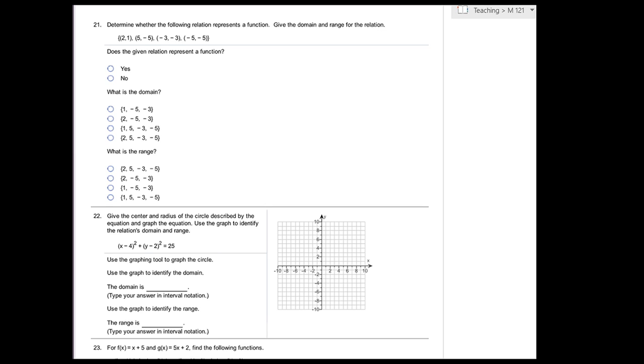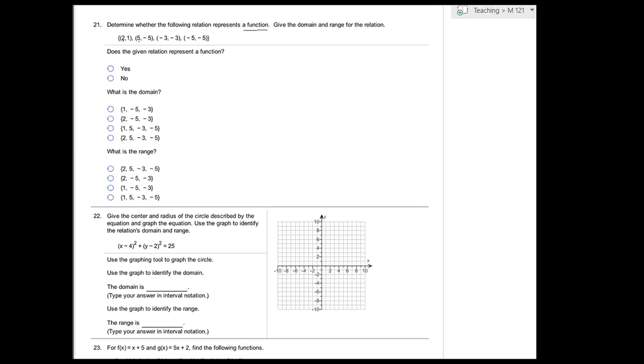Determine whether the following relation describes a function. Give the domain and range for the relation. Function means one output for each input. So if I'm looking at the inputs, I better not see another 2. Is there another 2?